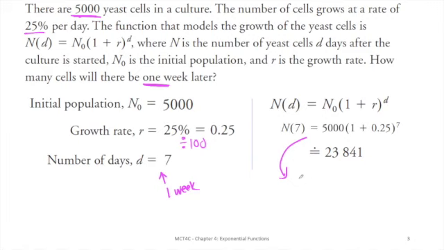Just make sure here that you are doing 5,000 times 1.25 to the exponent 7, and you're doing the exponent with the base first, because you won't get the correct answer if you don't do that first.